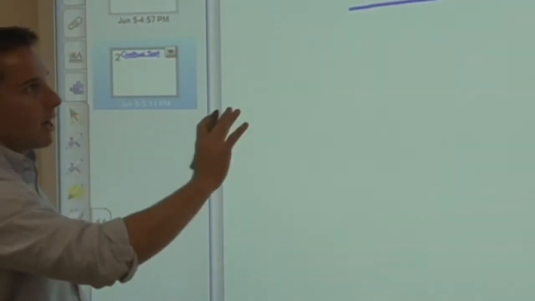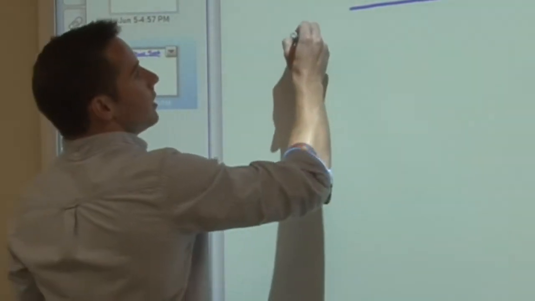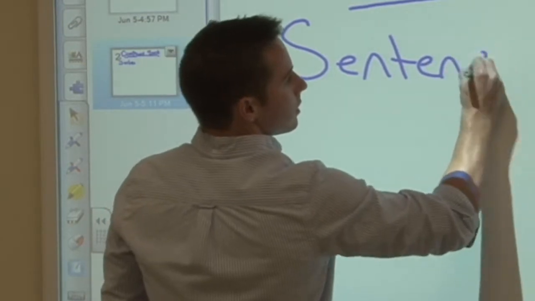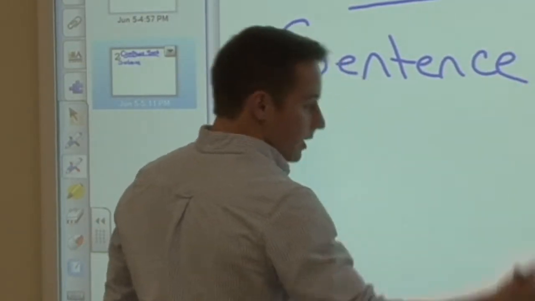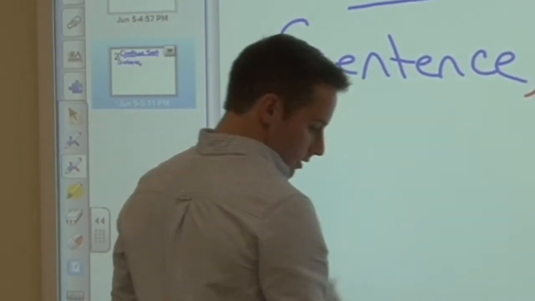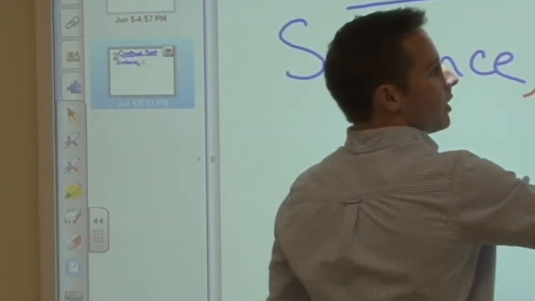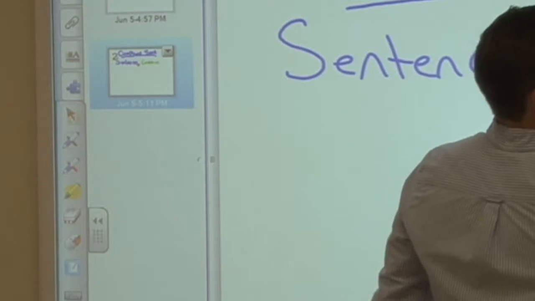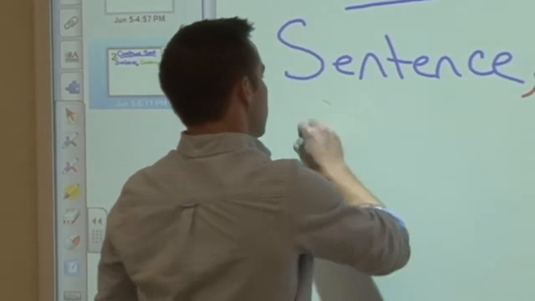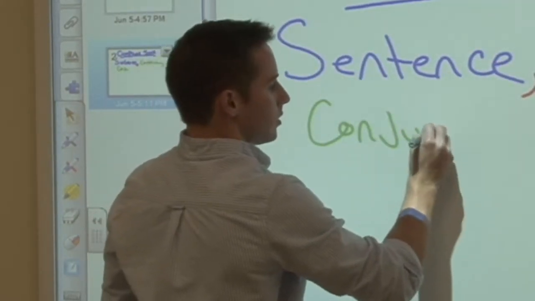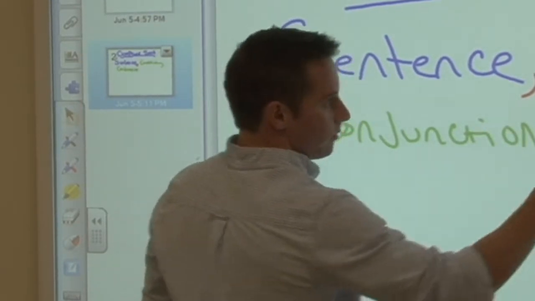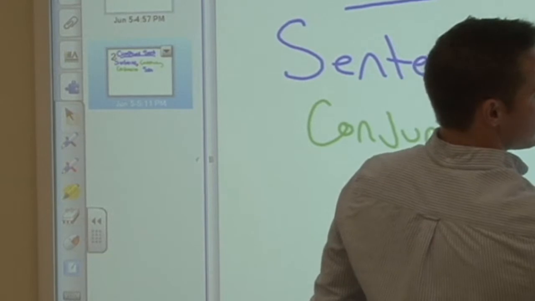So, a compound sentence is a sentence, and then a comma followed by a coordinating conjunction, and then followed by another sentence.